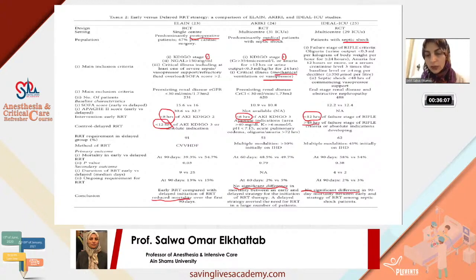The IDEAL-ICU study also showed no significant difference in 90-day mortality between early and delayed strategies of renal replacement therapy, while the ELAIN study showed that early compared to delayed initiation of RRT was associated with less mortality.